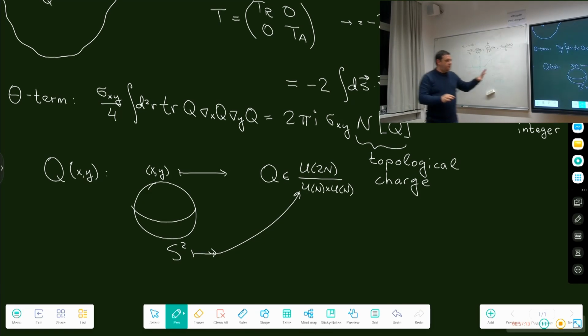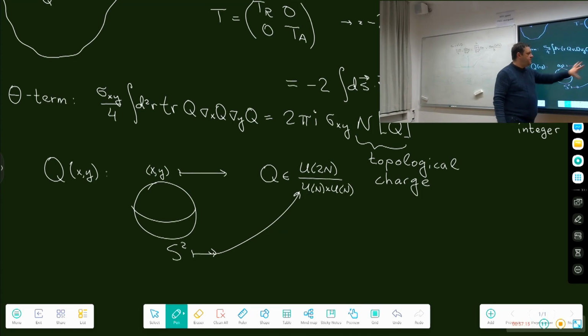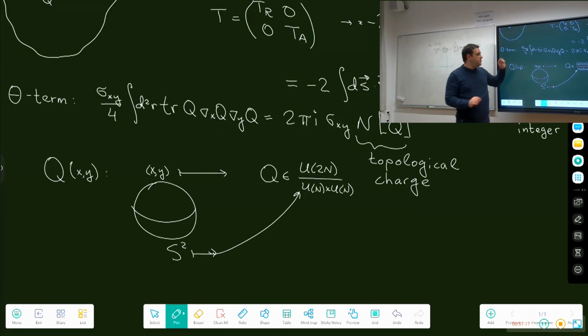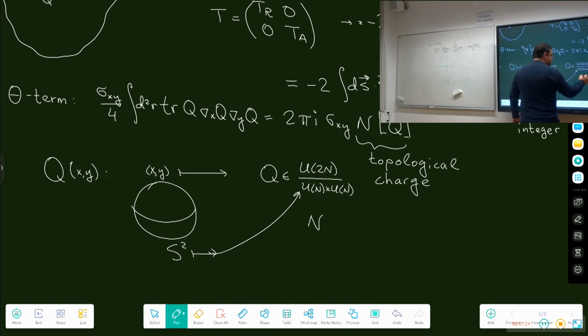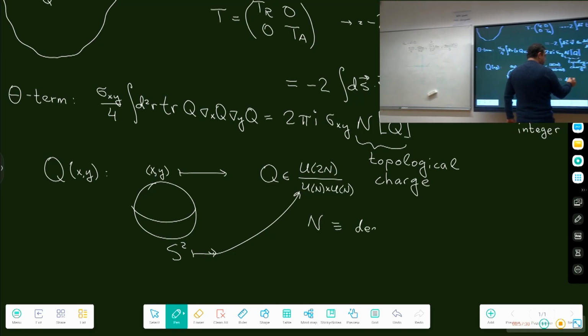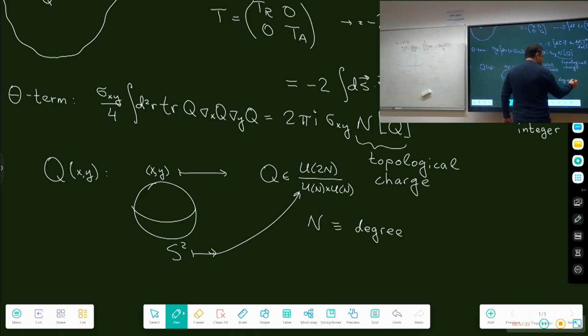And each map of this type, from a sphere into a manifold, is characterized by an integer number. So n, this characteristic, equals the degree of the map.